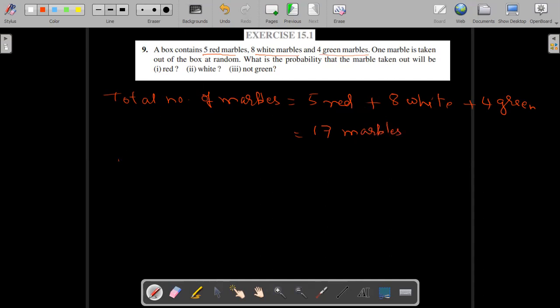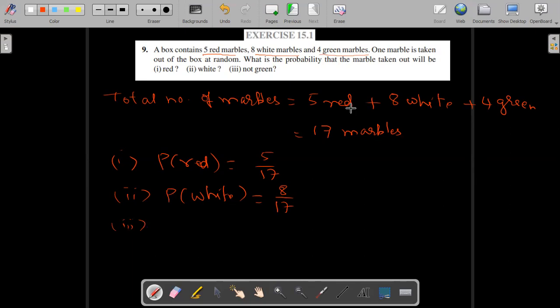Find the probability of getting the red one: the number of red marbles upon the total number of marbles. Red are 5, so 5 by 17. The probability of getting a white marble is equal to, how many white are there? 8. So 8 by 17. And the probability of getting a not green marble: we will first find the probability of getting a green one, that is 4 by 17. But here it is asked to find not green.